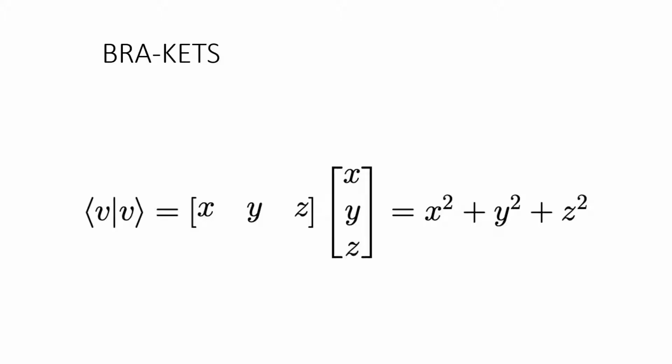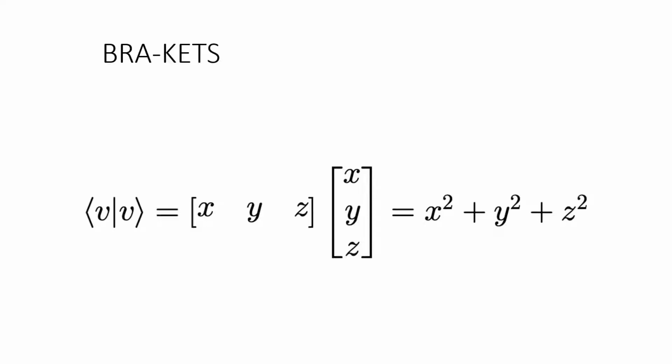The inner product, as we discussed, is a generalization of the dot product considering the original vector in three-dimensional space. If we want to denote the dot product using Dirac notation between this vector and its Hermitian conjugate, we can combine our bra and kets as x square plus y square plus z square.